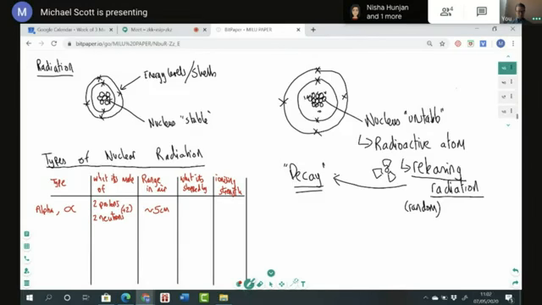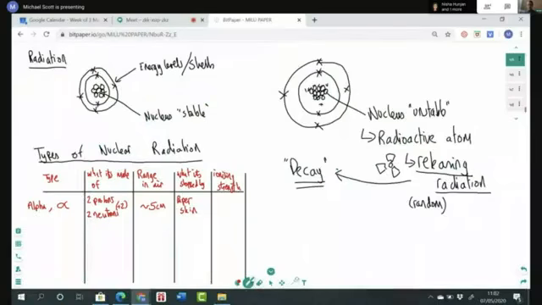So alpha radiation has a range of about 5 centimeters. Interestingly, alpha is typically stopped by paper, or it can be stopped by skin. So it doesn't penetrate very far, because it's stopped by paper or skin.